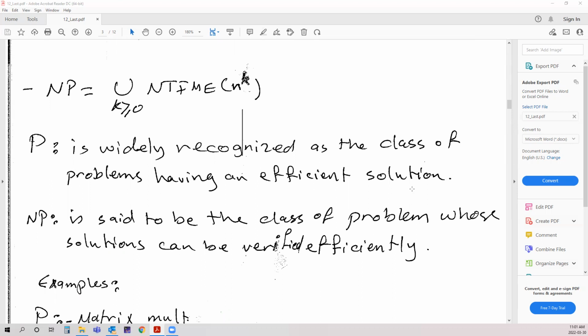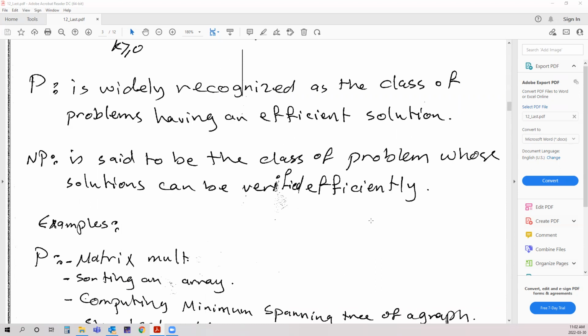For P, we already know an efficient solution, and we prove that it's in P. And NP is said to be the class of problems whose solution can be verified efficiently. I talked about this in the previous class and the class before. We said the class NP is a complex problem, but if somebody brings me a solution, I can verify it efficiently.